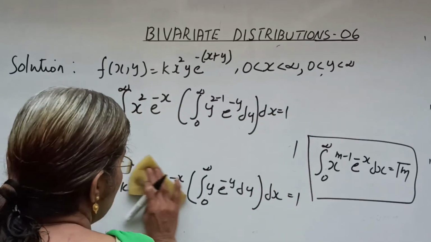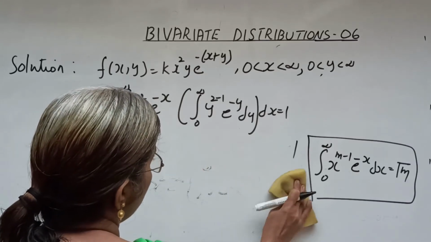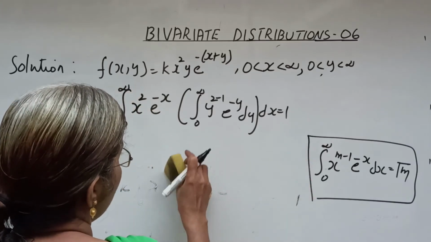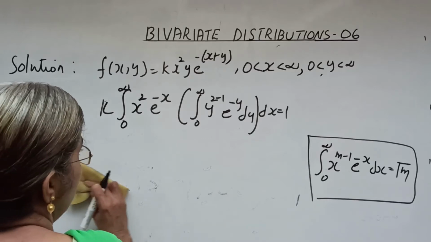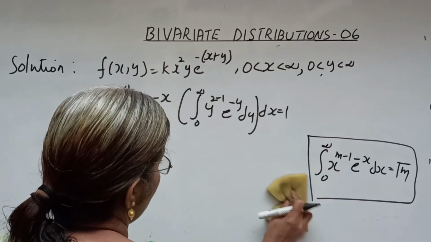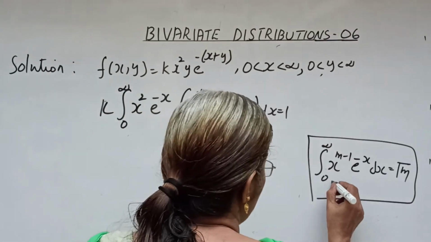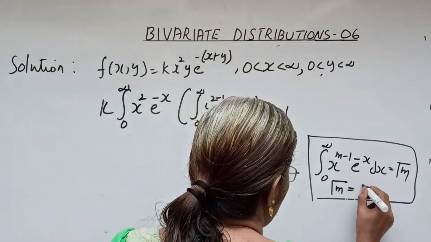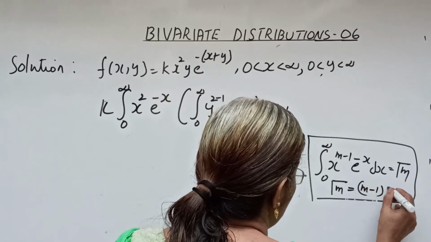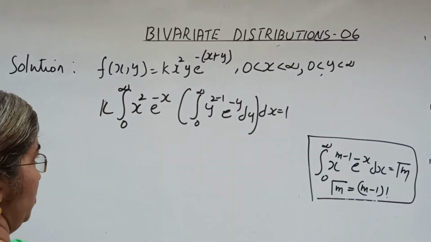Okay, so that's simple integration. Firstly we are doing this integral, so let me write it as gamma 2, and we know gamma m equal to m minus 1 factorial if m is a positive integer.